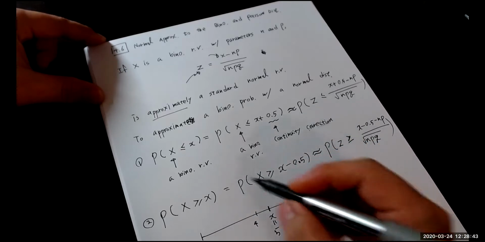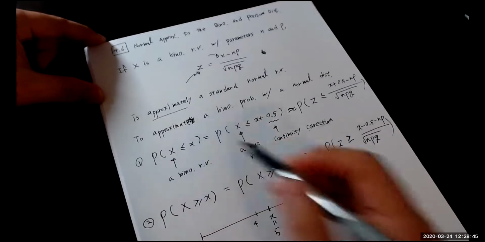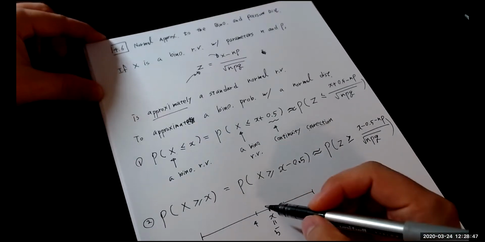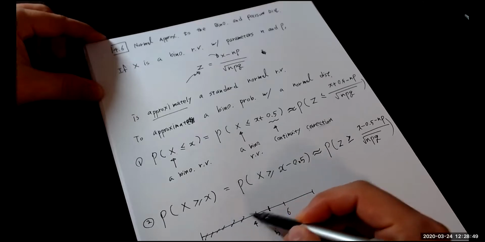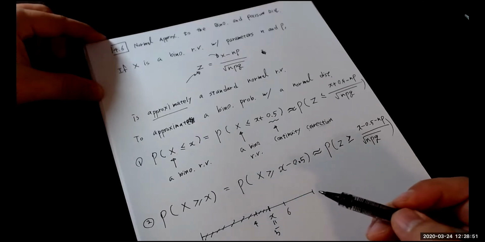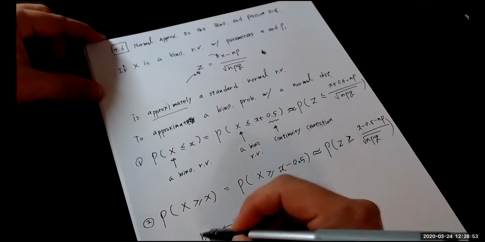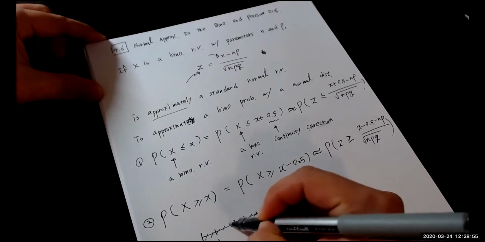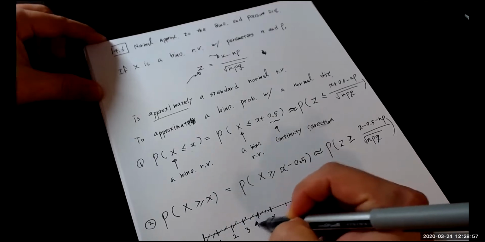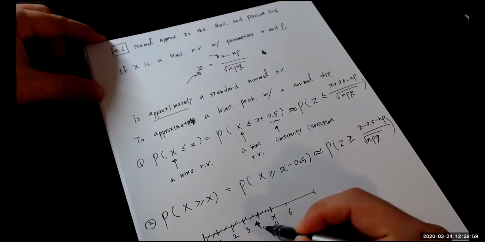The probability that x is less than or equal to 5 covers 0, 1, 2, 3, 4, and 5.